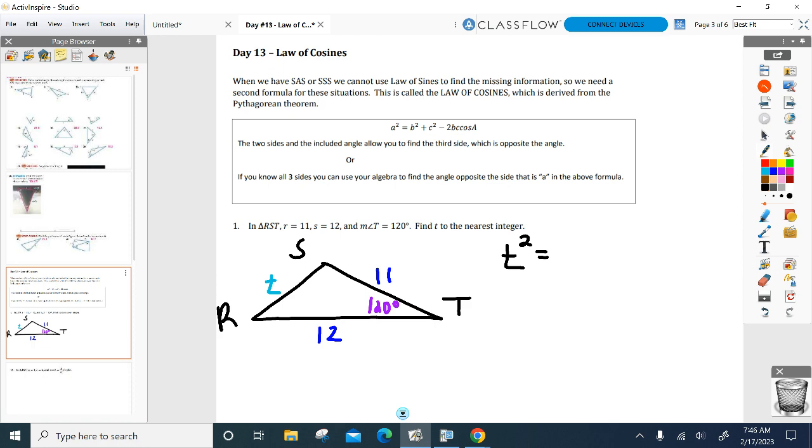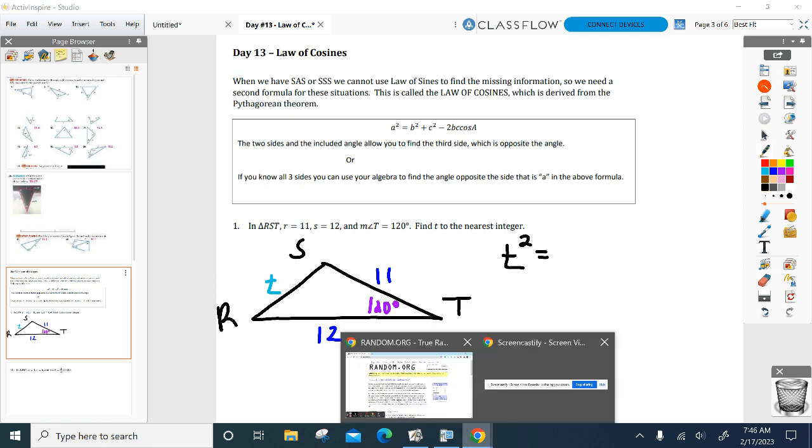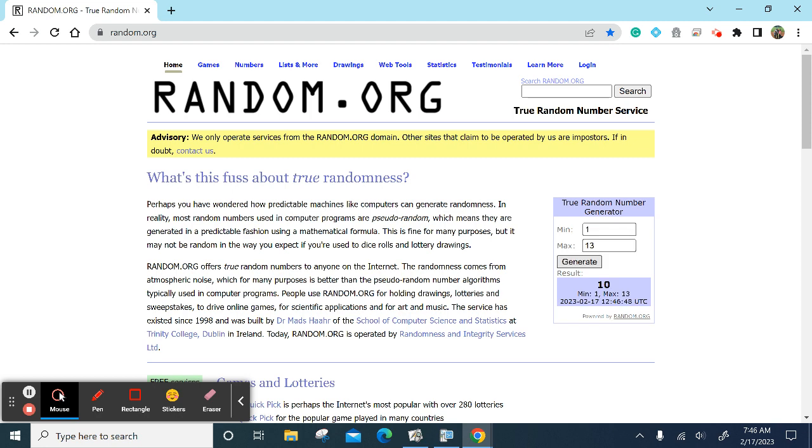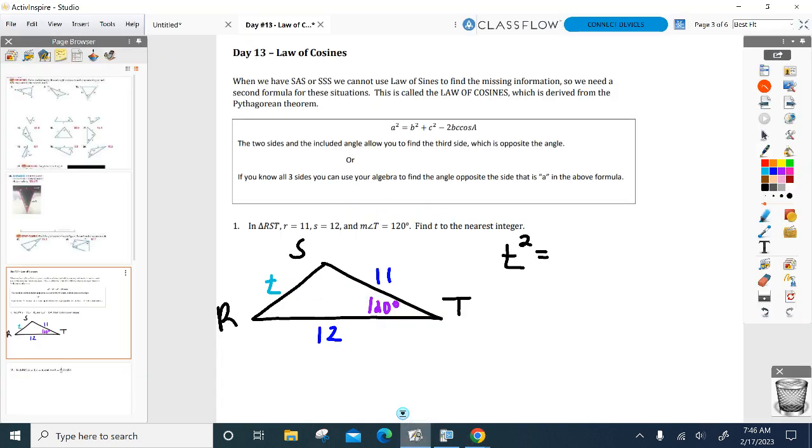Equals, b and c represent the other two sides, which are, what are my other two sides? Perfect. 11 squared plus 12 squared minus 2 times b and c, which were 11 and 12.